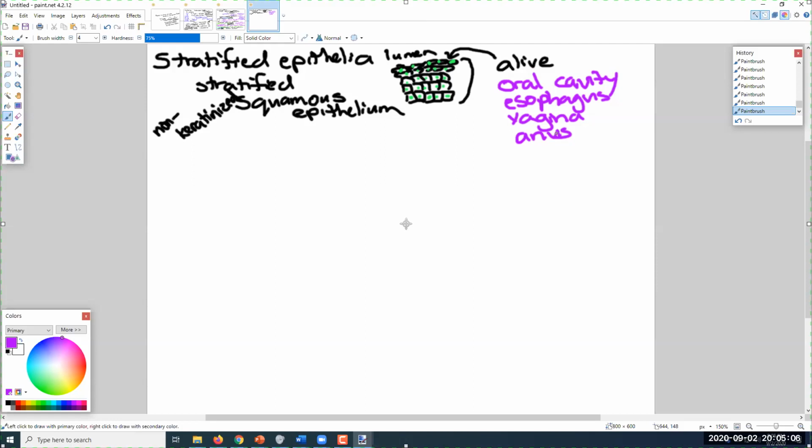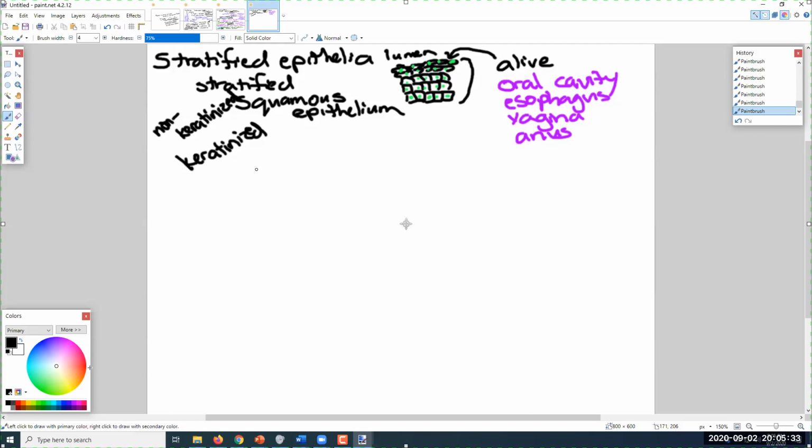All right. So that's one type of stratified squamous epithelium. The other type is called keratinized. With keratinized stratified squamous epithelium, there is keratin, this protein inside the cell.